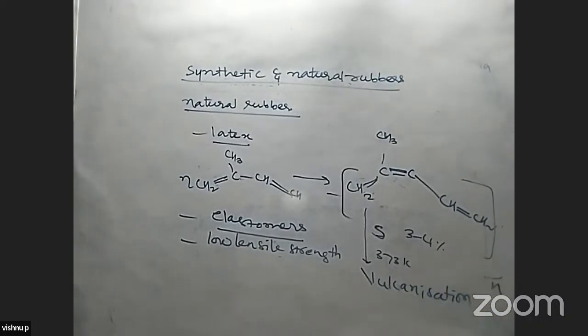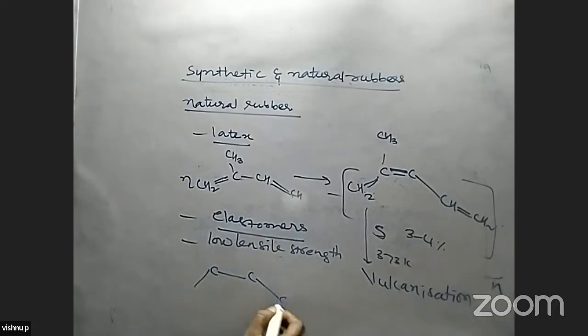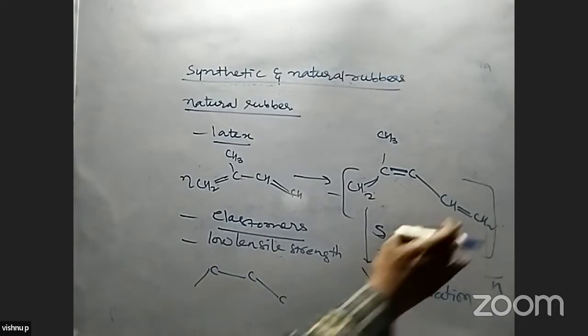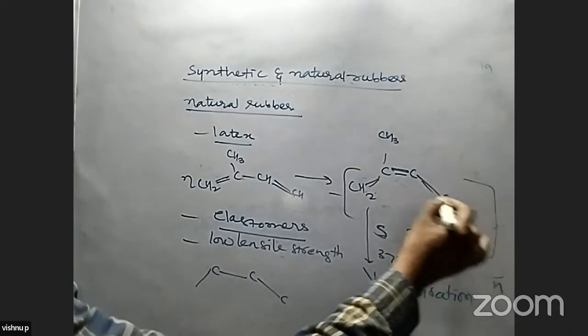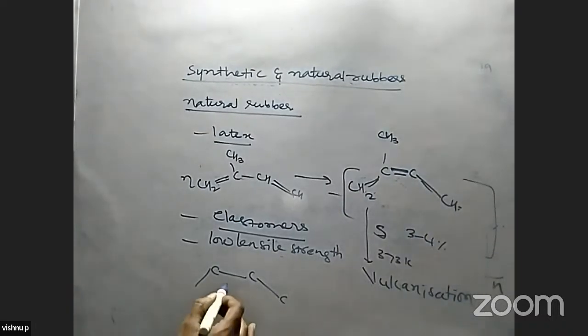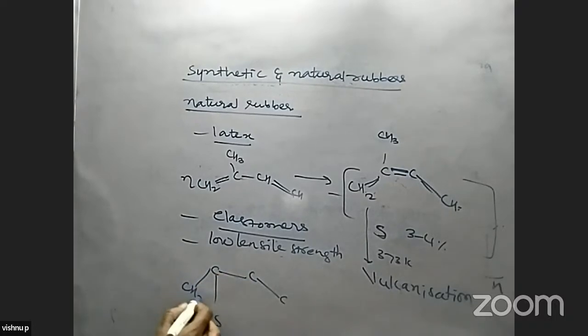Because of vulcanization, in between the monomer units, some extra bonds are formed with sulfur.